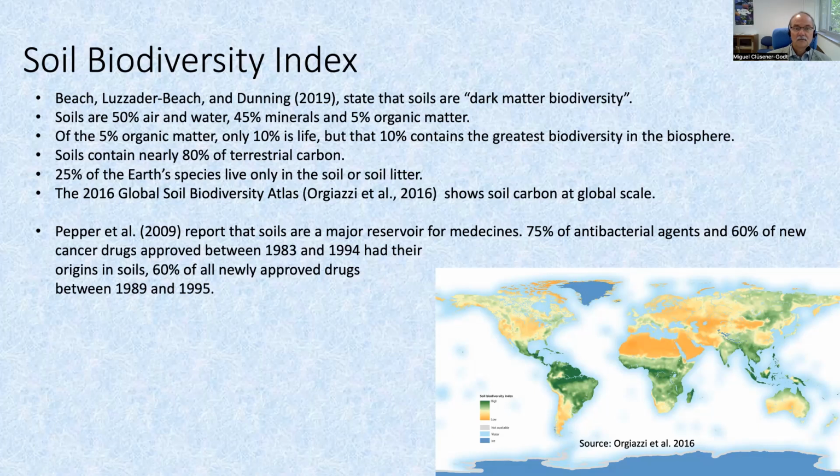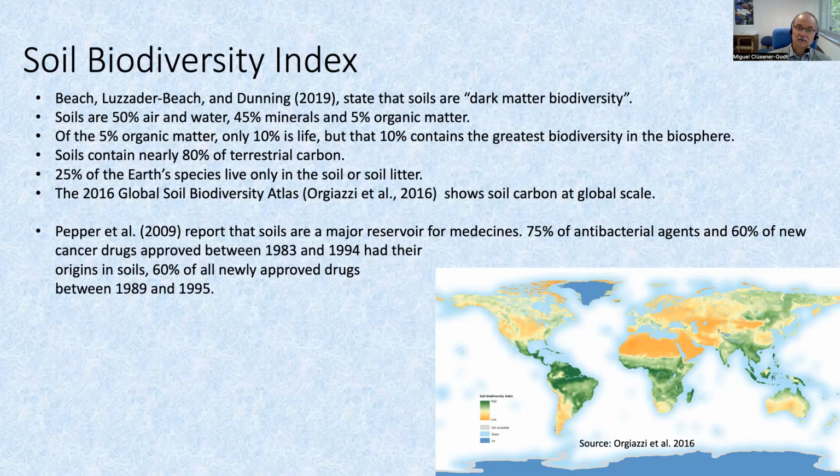So there is a global soil biodiversity atlas, and so you can see where the big biodiversity in the soil is living. What's the usefulness of this?